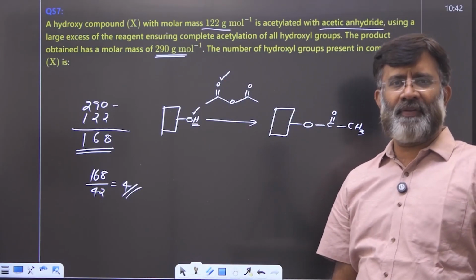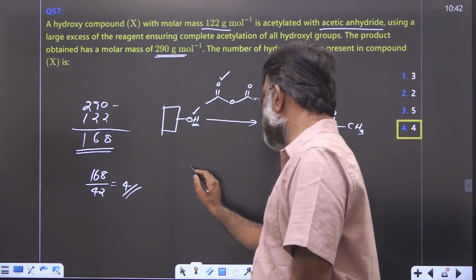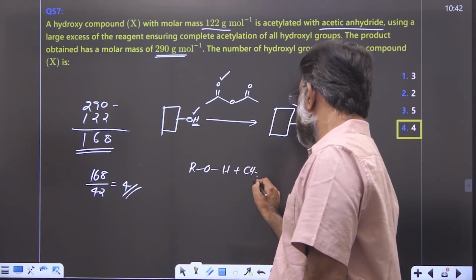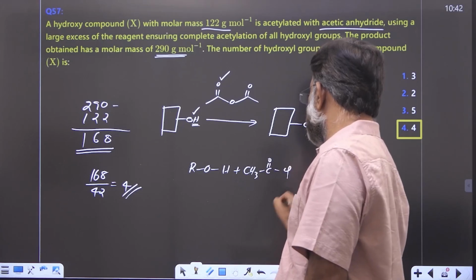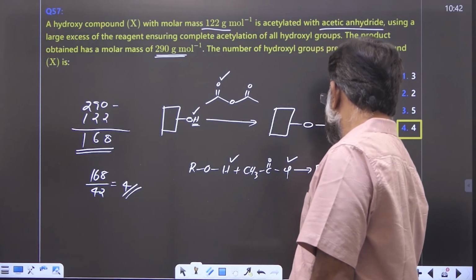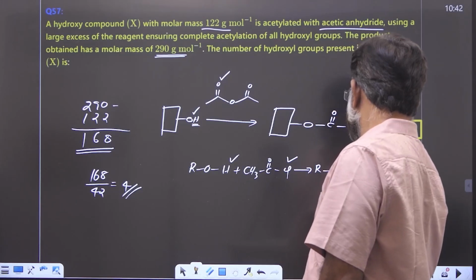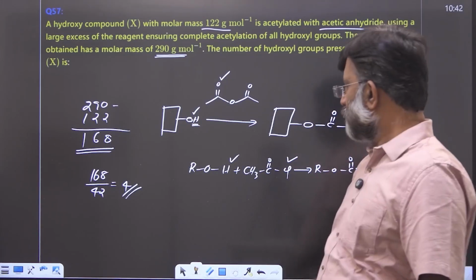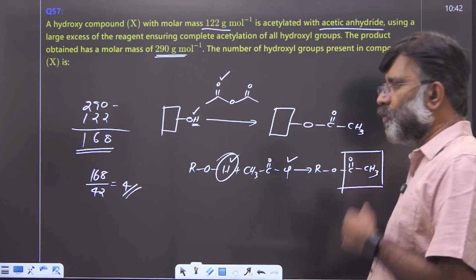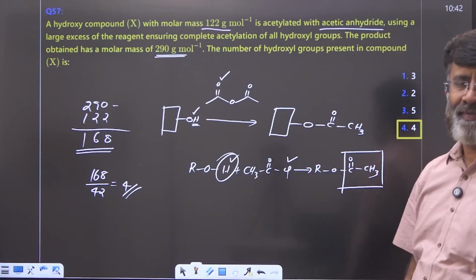That is a simple esterification reaction: ROH plus CH3COCl, HCl out, and the result is ROCOCH3. So this hydrogen goes and the CH3CO group comes in.